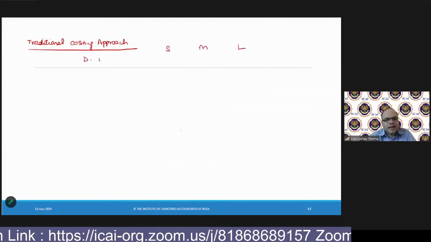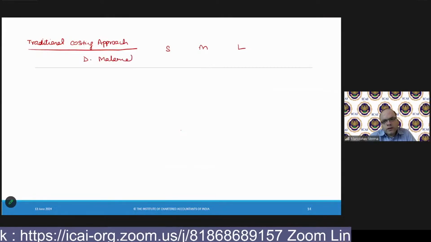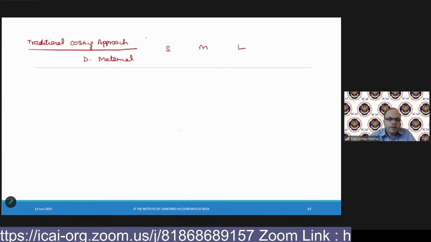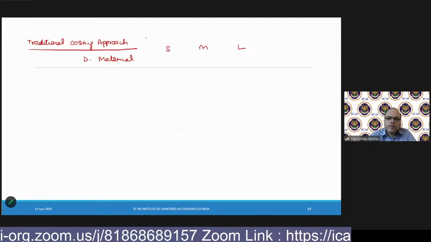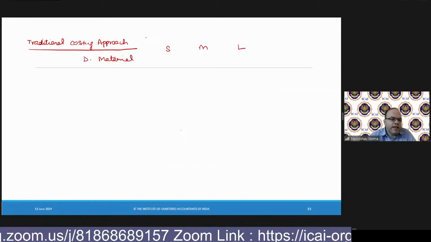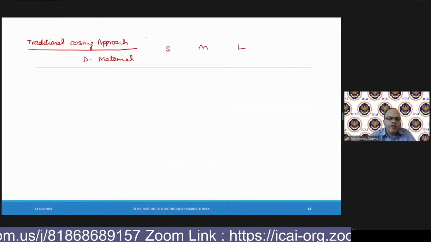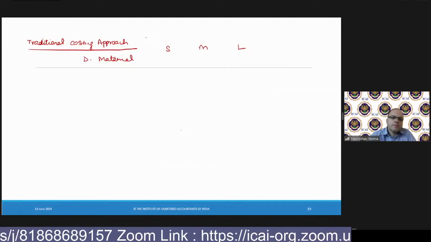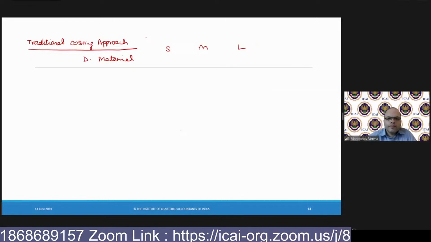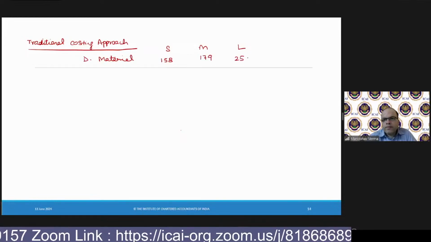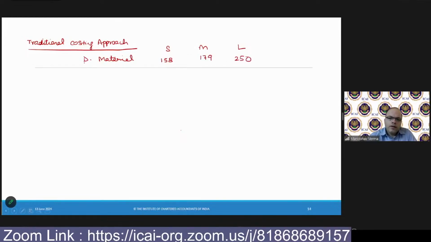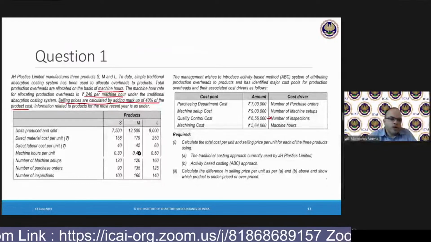Some information is directly given to us. Starting with direct material, which is 158, 179, and 250. Then we're looking at a direct labor cost per unit.